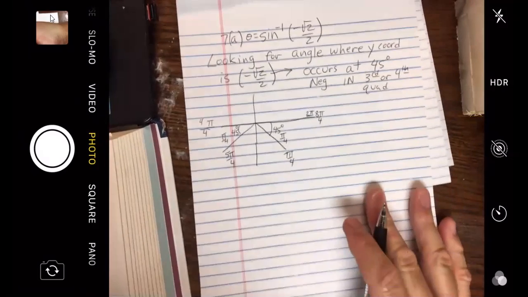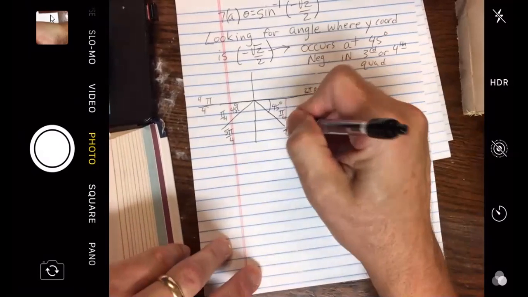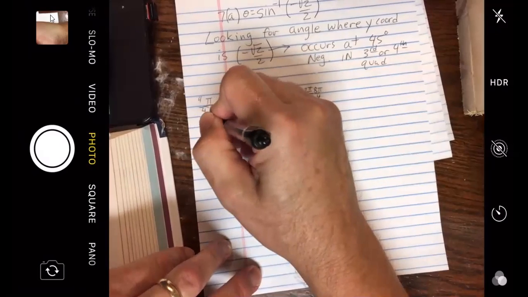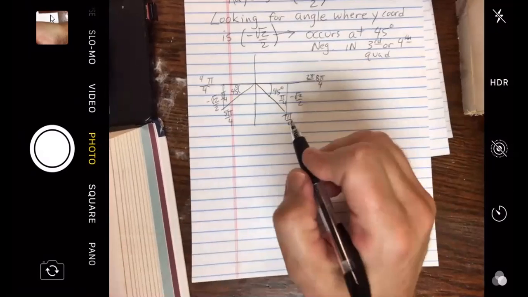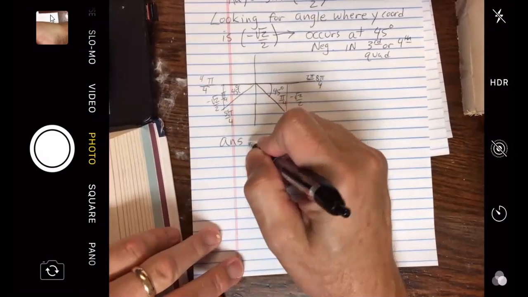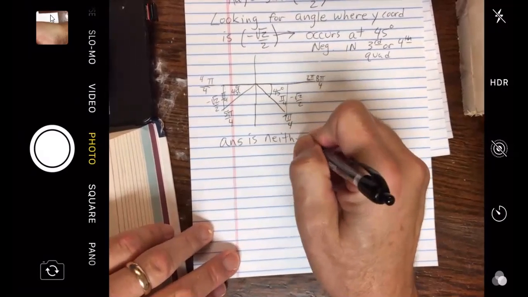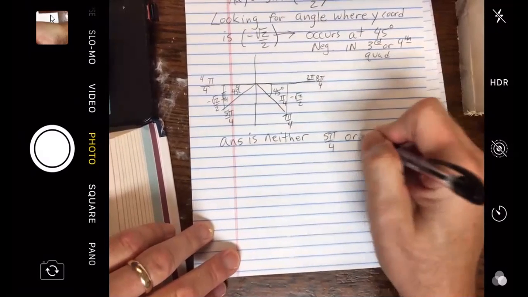You would have your y coordinate here, negative root 2 over 2, negative root 2 over 2. The answer is neither 5 pi over 4 or 7 pi over 4.